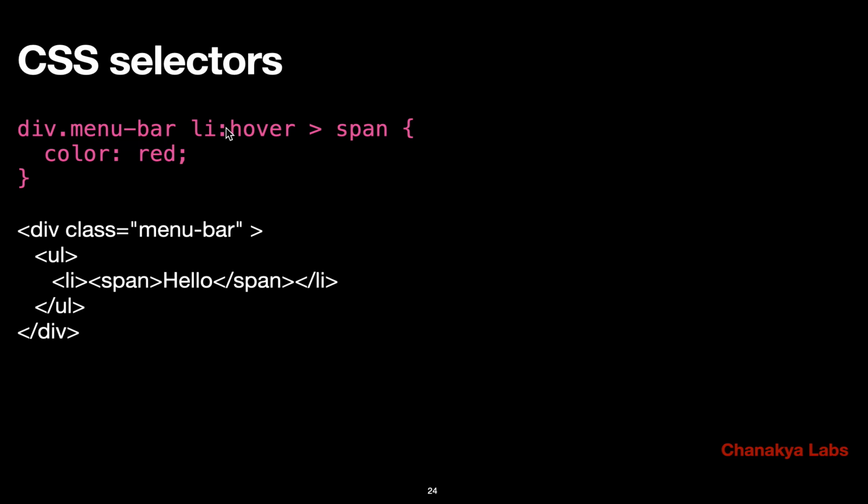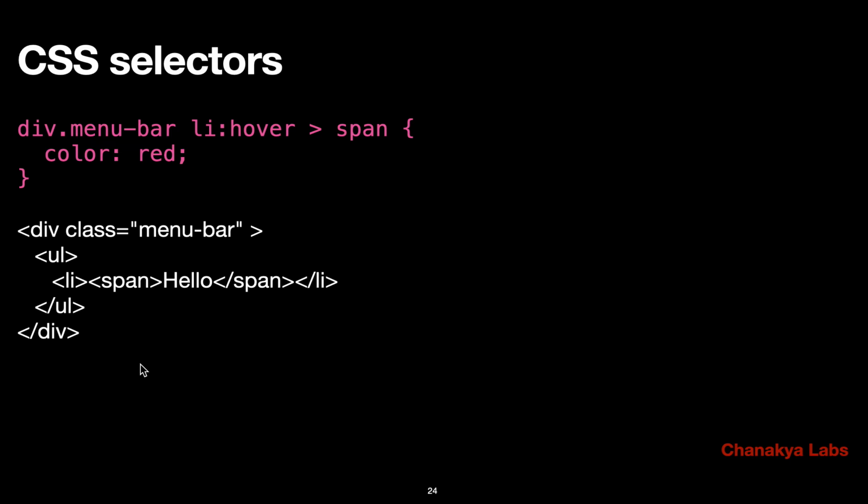Then you have a pseudo class hover, which means that when I'm hovering over this li, if there is some nested span, and this is the direct child combinator, which means that this span should be directly inside li, then we are going to target this hello to color red.